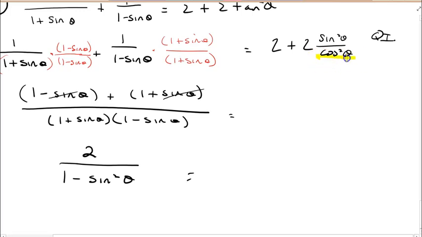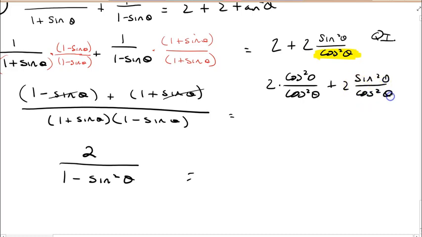So this denominator of cosine squared theta that I just highlighted in yellow needs to be brought to the 2, so it's 2 times cosine squared theta over cosine squared theta plus 2 times sine squared theta over cosine squared theta. And I can, well, I can bring those together.